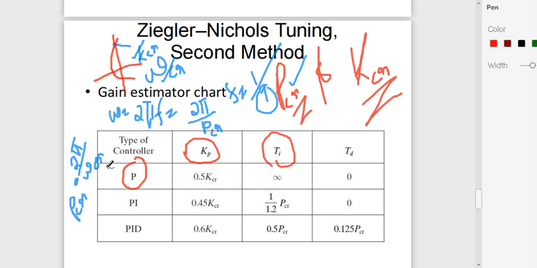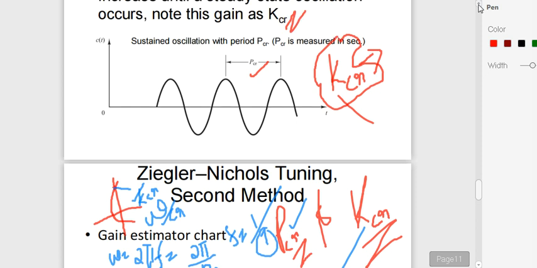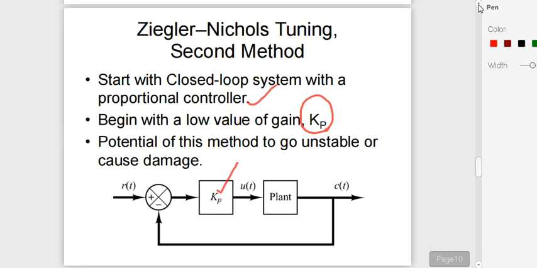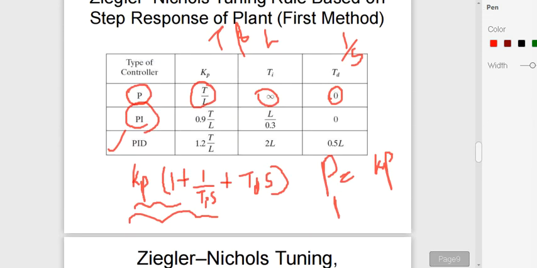For doing the problem, we need to study both the tables. For the second method, we need to study this estimation chart, and for the first method, we need to study this chart.